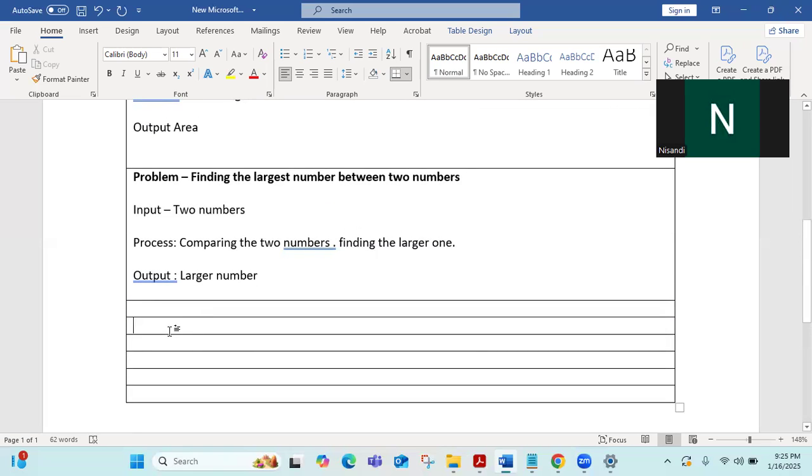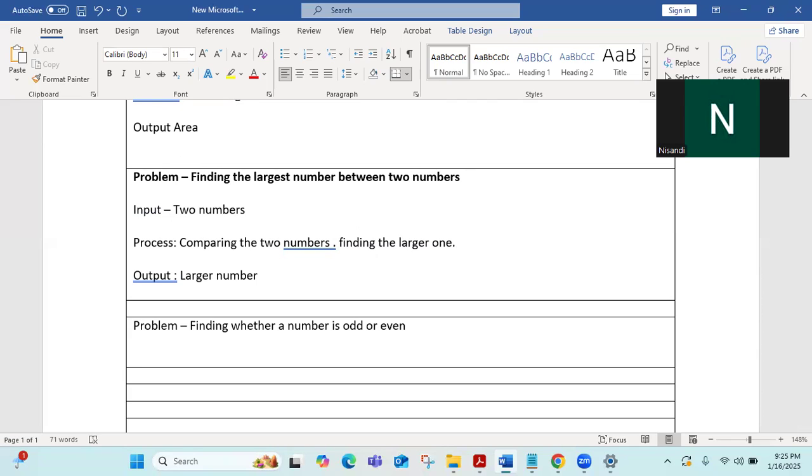Then the next problem, for example, is finding whether a number is odd or even. Okay.